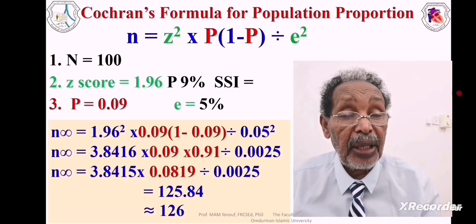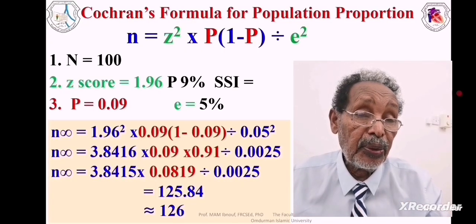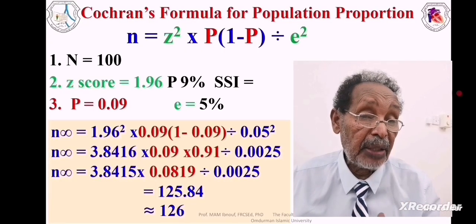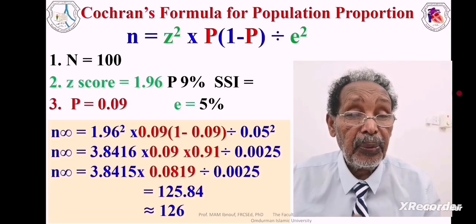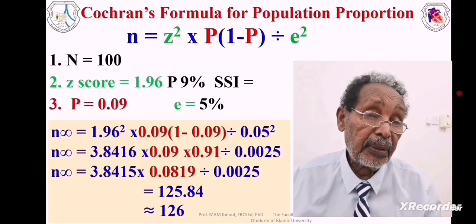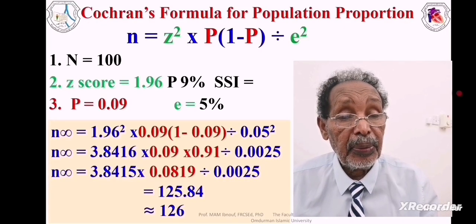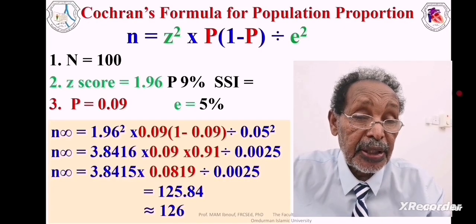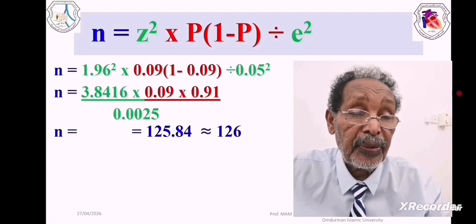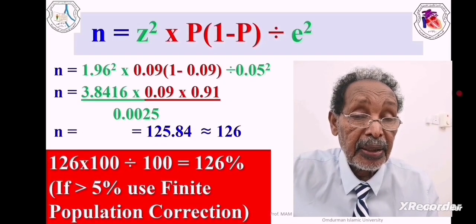If it is less than 5%, we consider it as it is and no need for any correction. Now we have to divide 126 by 100 and multiply by 100 to get the percentage. It will be 126%, which is more than 5%.